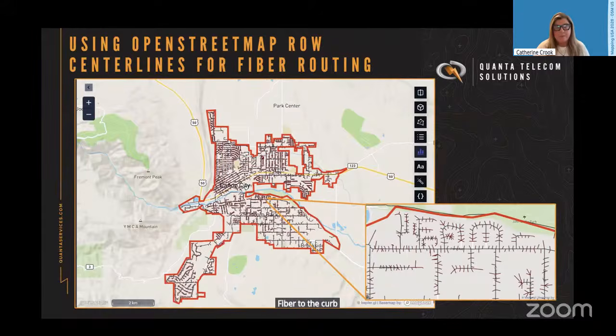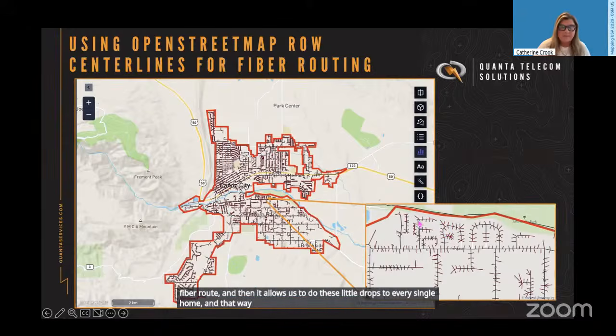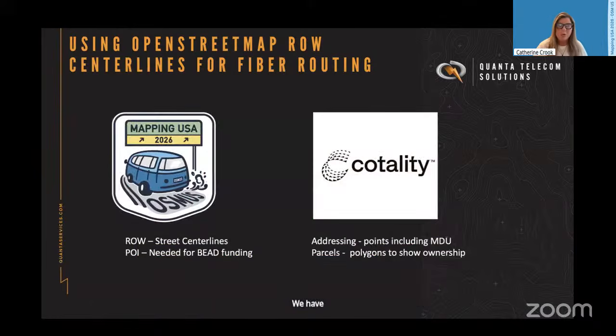So we use OSM, and it navigates this fiber route, and then it allows us to do these little drops to every single home. That way we're not missing any of the people along the route. We have two large inputs. We use OpenStreetMaps for right-of-way, which is what our fiber build is based off of.